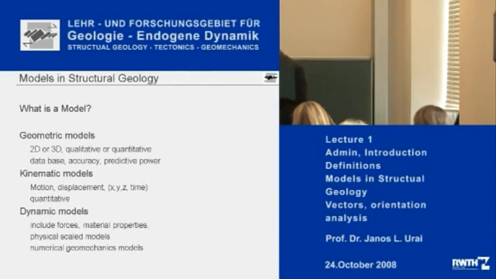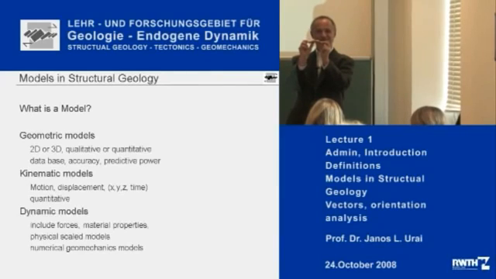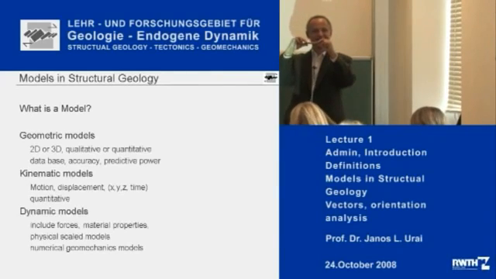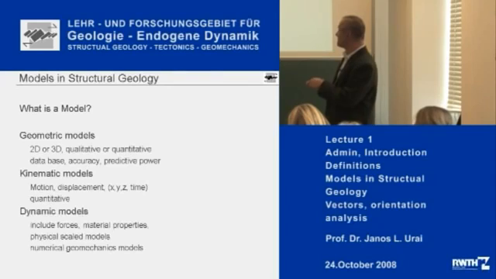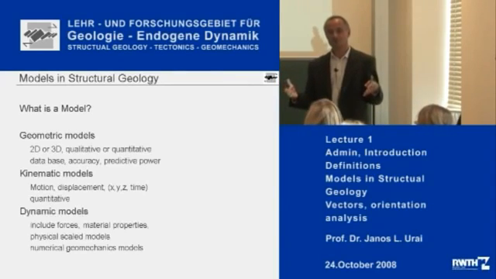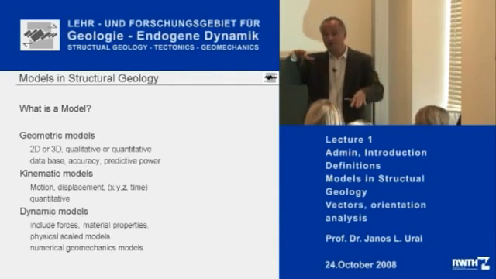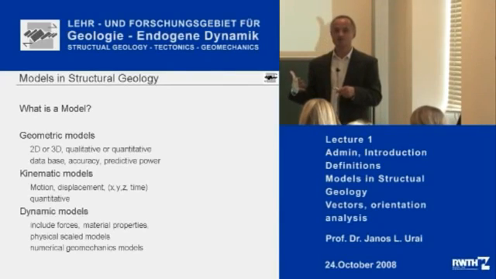A kinematic model could be a movie that shows this. Okay? And then you could play it back and unfold the cookie. That is kinematics. And there are very elaborate three-dimensional computer programs nowadays which allow you to unfold, to undeform parts of sedimentary basins or mountain belts. And they are very useful.